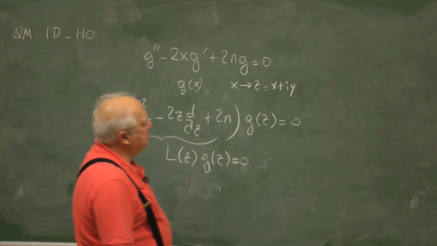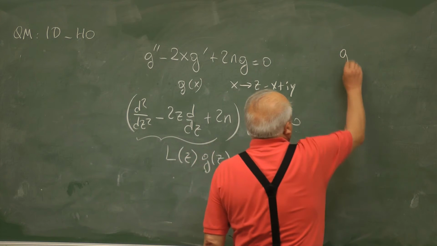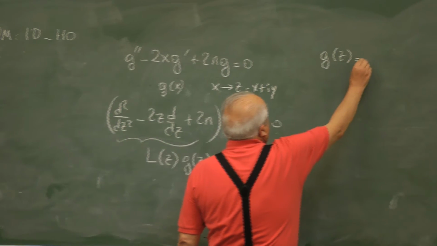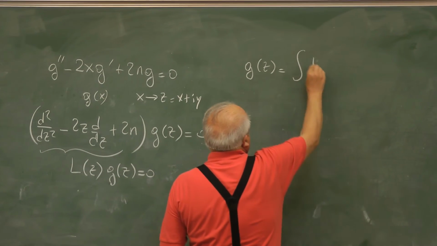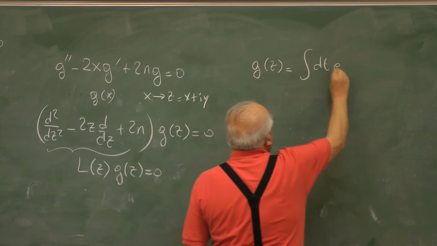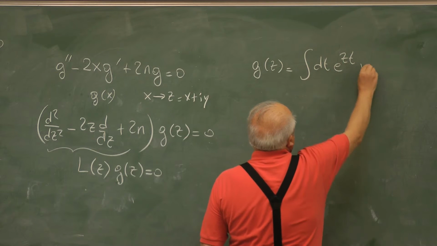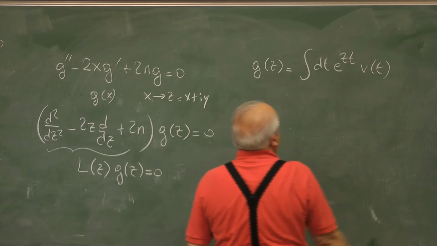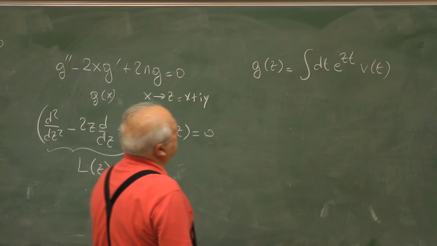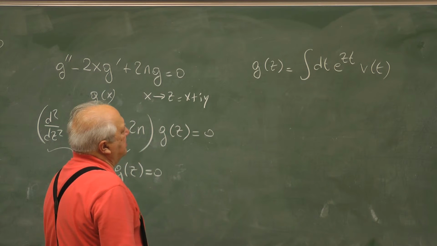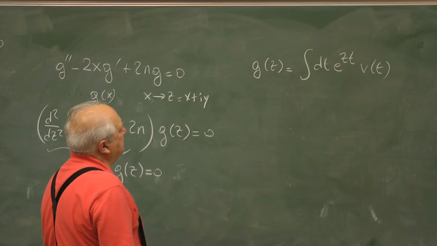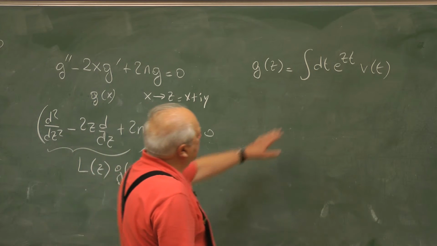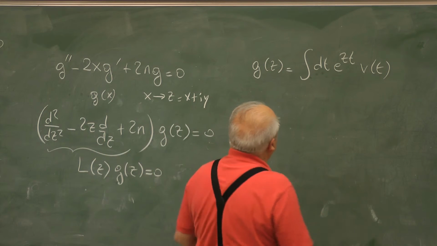Now we can represent g of z as the integral dt e to the zt v of t. So it's a Laplace transform, but t is a complex variable.